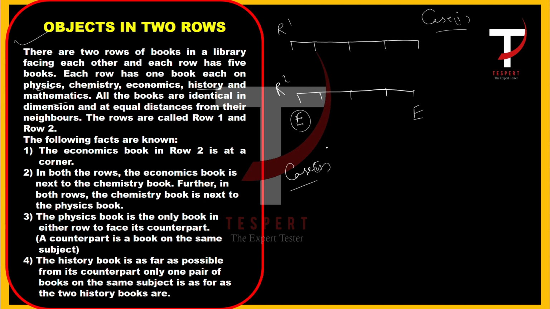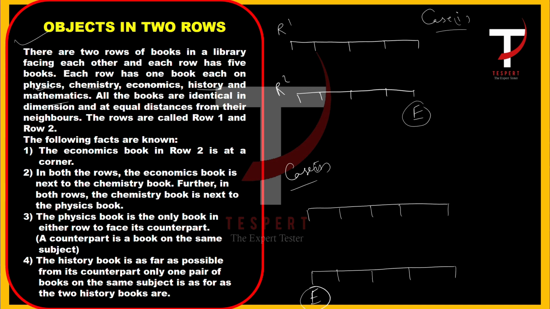This is row 1, slots 1 2 3 4 and 5. This one is row 2, slots 1 2 3 4 and 5. Here in this row, we will consider economics to be in this corner now.